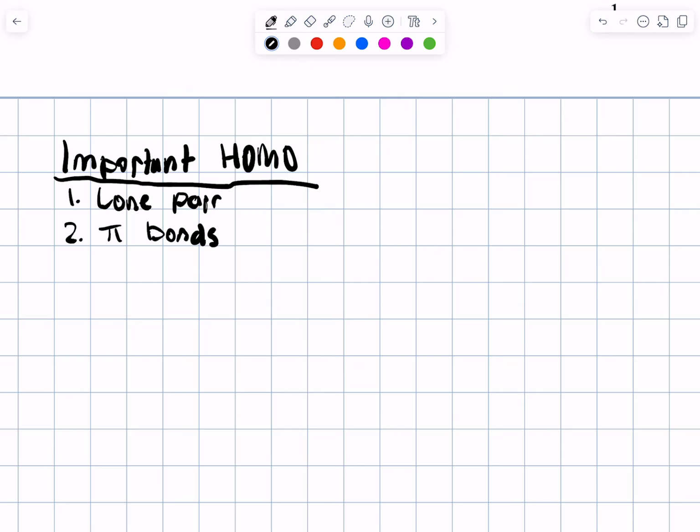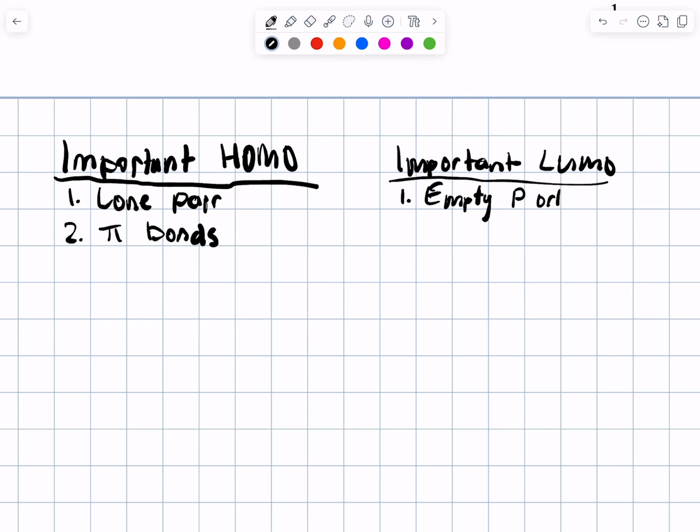Next, an important LUMO is first, I'll use numbers here as well. So first, an empty p orbital. Second, a pi star orbital.